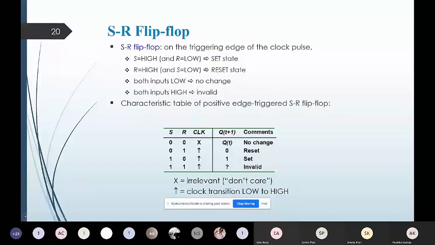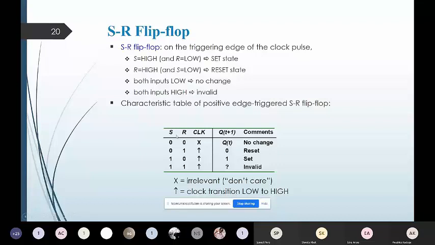Regarding the set state, we have mentioned that to obtain a set state from the flip-flop, the S input should be 1, or high. So either of the states will be obtained as a stable state output, and for having the set state and the reset state, the input conditions have been mentioned here.